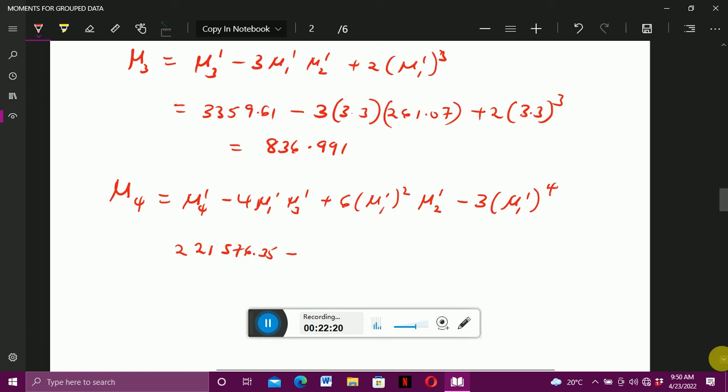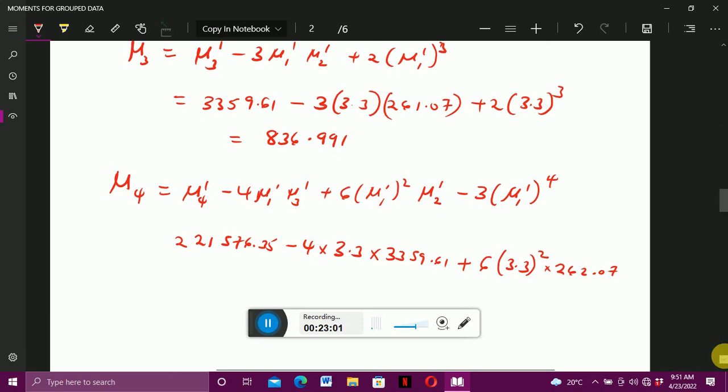We had obtained it up there. Minus 4 times 3.3, which is mu1, times 3359.61, and then plus 6 times 3.3 squared, times 262.07.